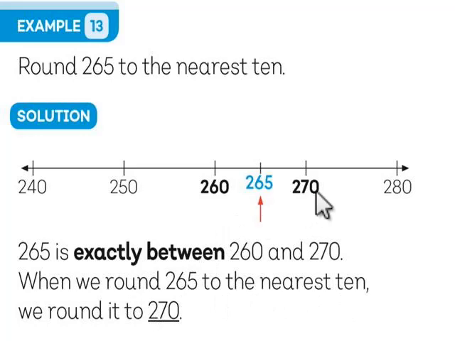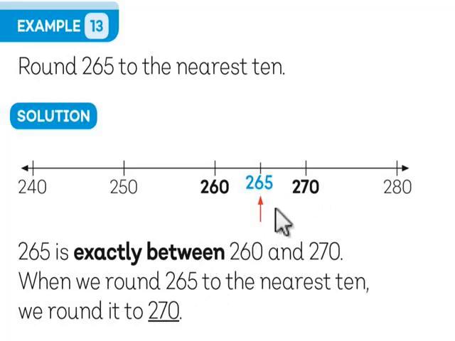So when we round 265 to the nearest 10, we round it to 270. Remember, if the number is exactly in the middle of the line, we will go to the higher number. So 265, if we round to the nearest 10, is 270. Why?